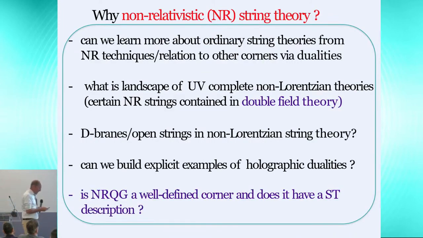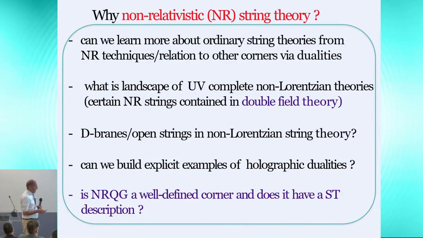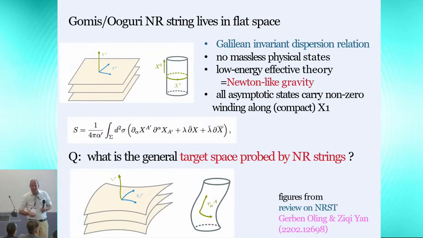Now, in the last part, let me say something about string theory. So far I talked about particles and some relatively simple symmetries, but Gomis and Ooguri found, way back in the 20th century, a very interesting corner of string theory as we know it. You can do it both for the bosonic case as well as the supersymmetric case. They found an action using a limit very similar to what I described for the non-relativistic particle.